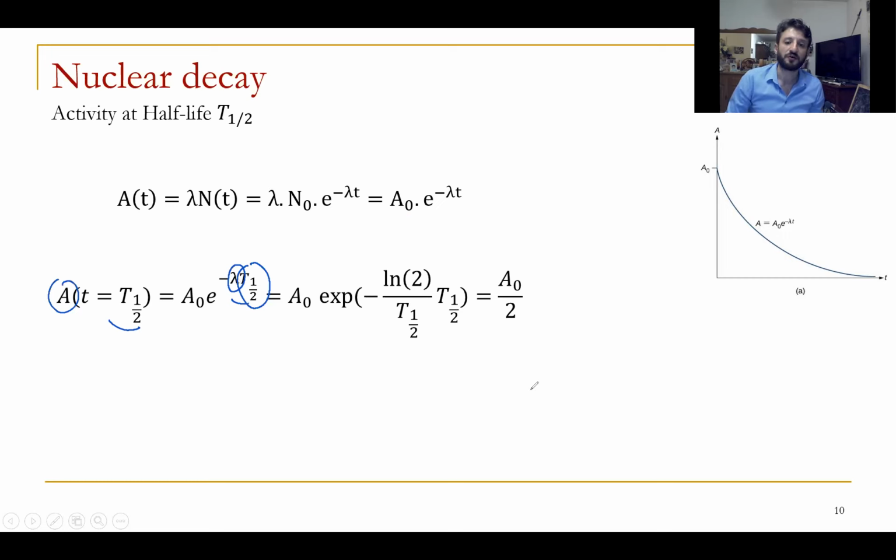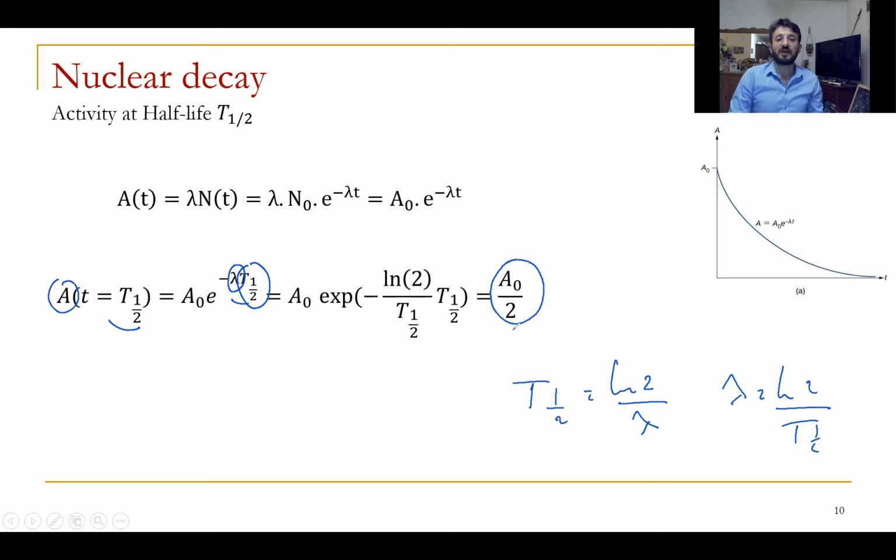Since t half equals ln 2 divided by lambda, lambda equals ln 2 divided by t half, and we get finally A0 divided by 2. So the activity of disintegration per unit time decreases to half of its original value after a time t equals t half.